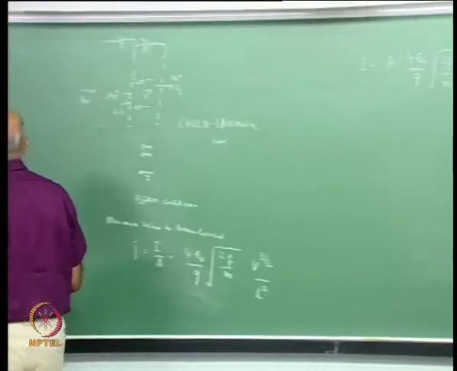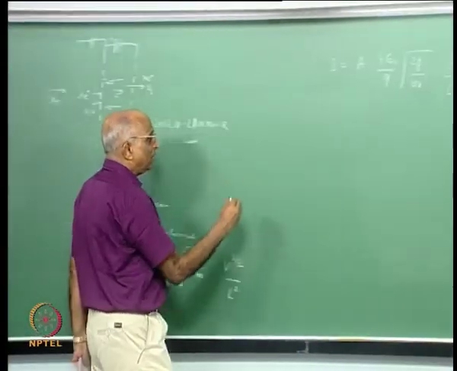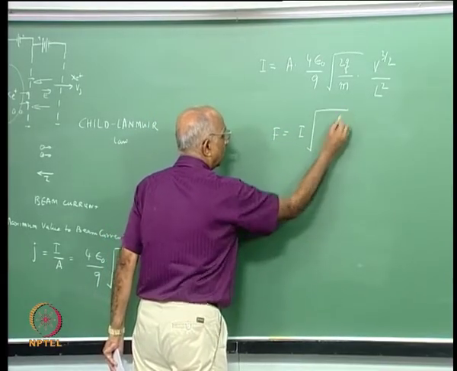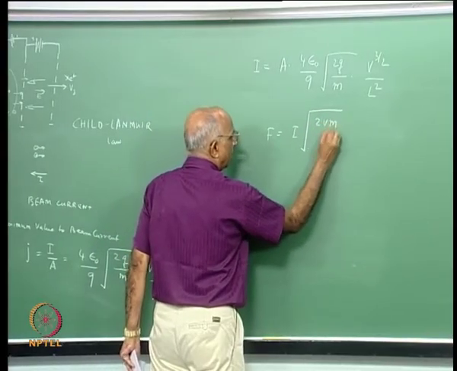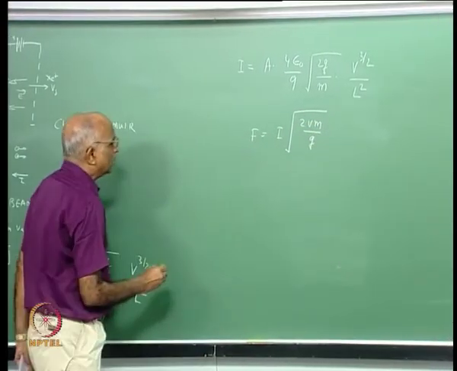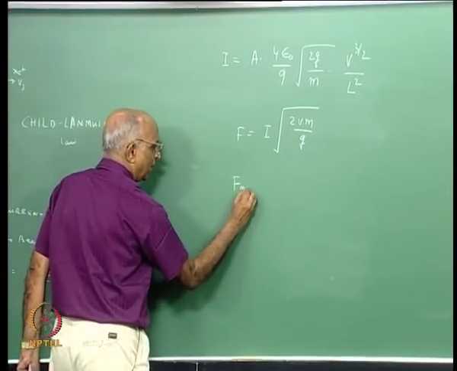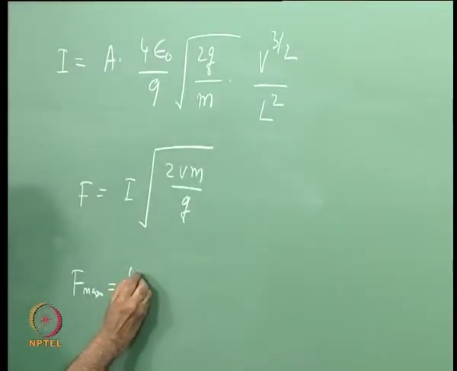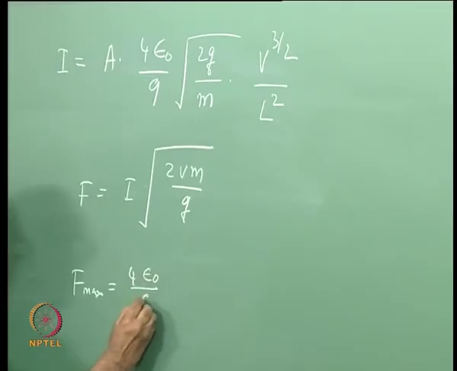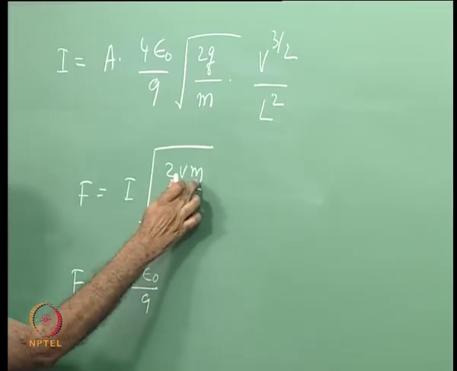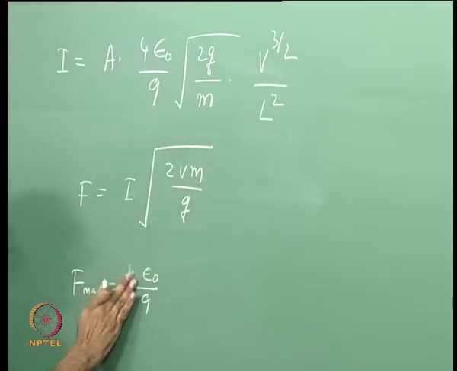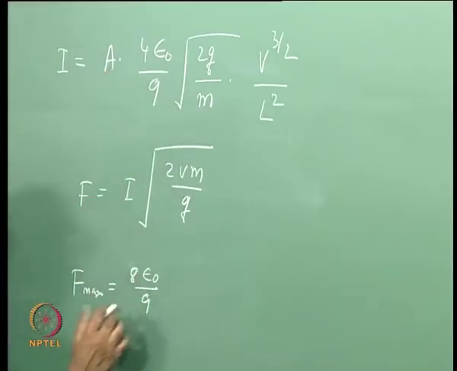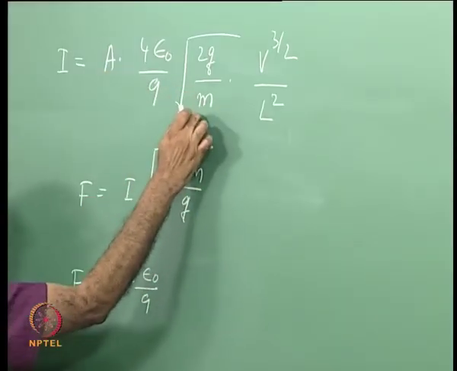But I already know the force equation, and the thrust developed by a particular ion rocket we derived as I into under root 2Vm divided by q. Therefore, the maximum thrust which an ion rocket can develop, I substitute the value of I here, I get 4 permittivity divided by 9, 2q by m, and this becomes 8 here, because I have 2 coming here, 8 ε0 by 9, and q by m cancels off.